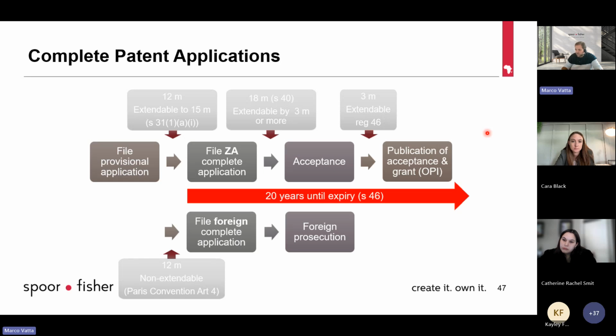What the Patent Office has kindly done to prepare not just the firms, but to prepare the examiners as well, is to undergo practical training where mock examination is taking place on select applications, provided the applicants consent to that examination.